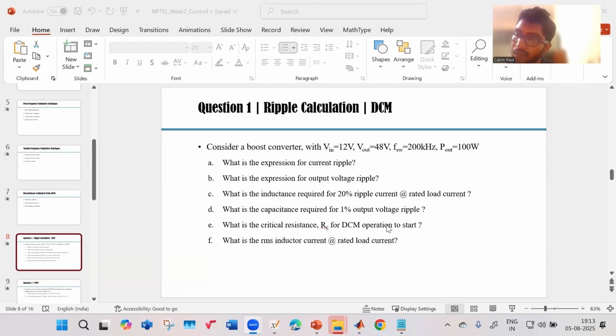Then we found the critical resistance RC for DCM operation to start, and also we checked the RMS inductor current. So many things which sir has taught in the previous week have been touched upon in this one question. We have done ripple calculation, DCM operation, design of inductor, design of capacitor. All this has been done in this example.